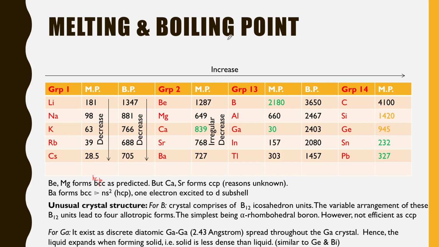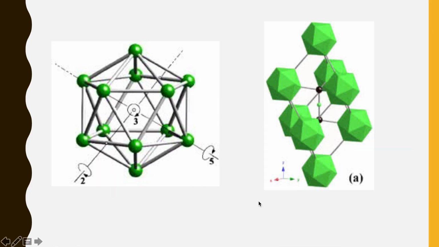Okay, so boron, as you know, is a little bit electron deficient in structure. Boron atoms combine in such a way that they form a geometric structure called icosahedron units. If you look at these icosahedron units, they look like this geometry. Each of the green balls represents a boron atom.